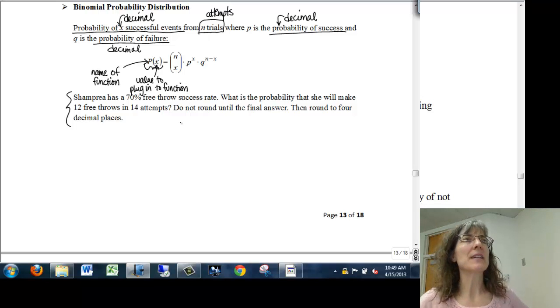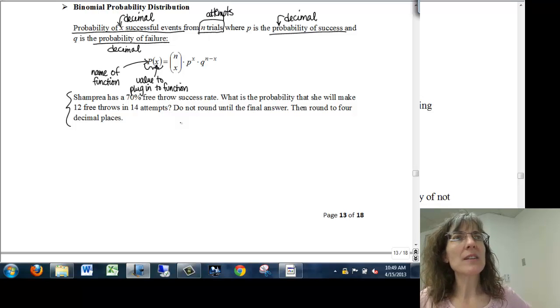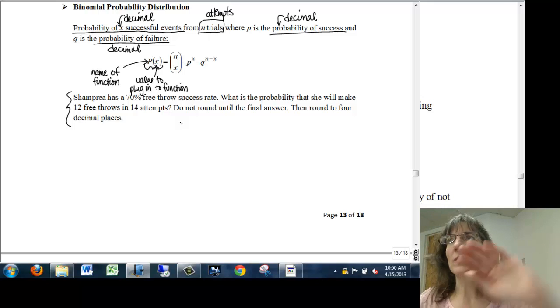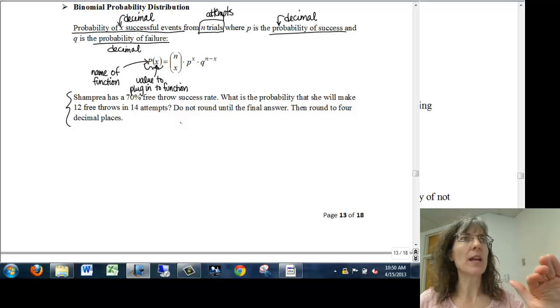That's the left-hand side. That will stay the same all the way through your problem, all the way onto your answer. So when you finally figure out what your X is, then it's going to go in there instead of the X, and it'll say P of, say, 3. P of 3 equals, and your answer will also say P of 3 equals, and whatever you calculated on the right-hand side.